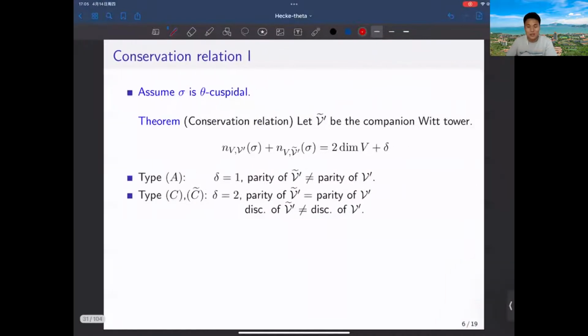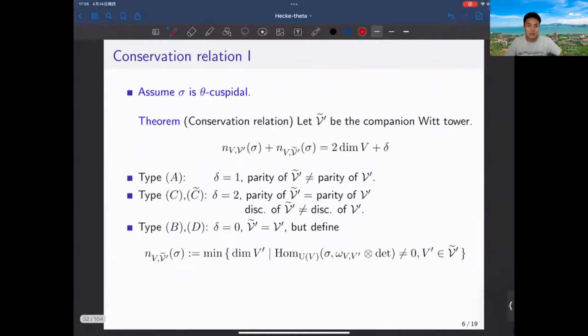And in the case of type C tilde, which means that the group is either the symplectic group or the metaplectic group, anyway they are symplectic groups, this delta will be equal to 2, and you choose the companion Witt tower among Witt towers of quadratic spaces such that the parity of the two Witt towers are the same, but the discriminants of the spaces inside the towers are different.